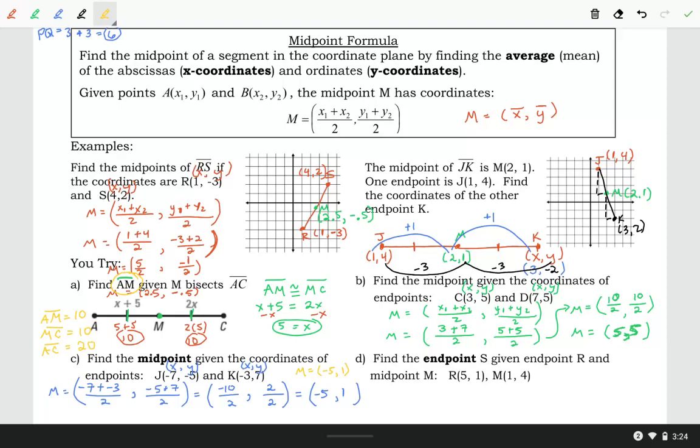Now the last one's a little trickier because we want to find the endpoint.